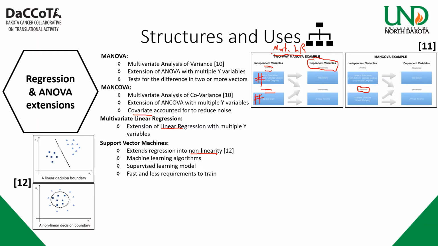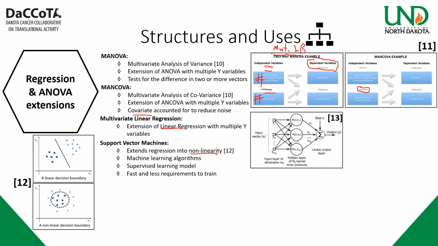Here's just an example to conceptualize why you might want nonlinearity. Maybe you want to distinguish between 2 groups here. Linearly, you can do it like this, but if you have 2 groups like this, which are clear to your eye, but you can't draw a linear line, this would be a nonlinear decision. So it's not exactly what is going on here, but that's conceptually why you might want nonlinearity.